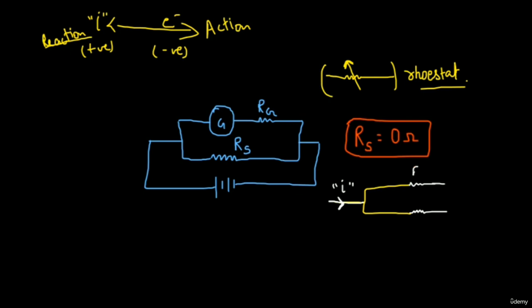So let's call this one R1 and this one R2. If you imagine that the R2 resistance is far greater than R1, the current goes very little or maybe zero through this path, and more or completely through this path.